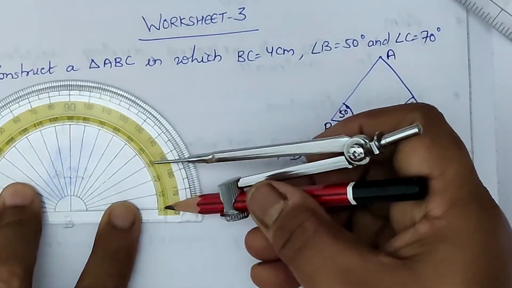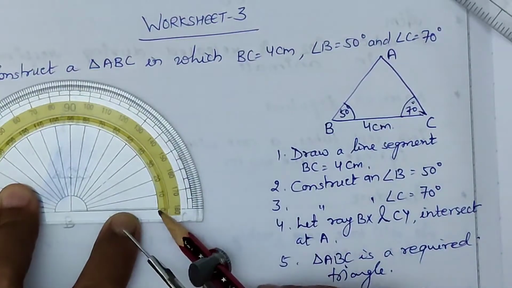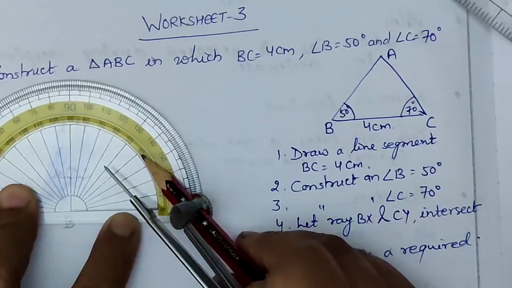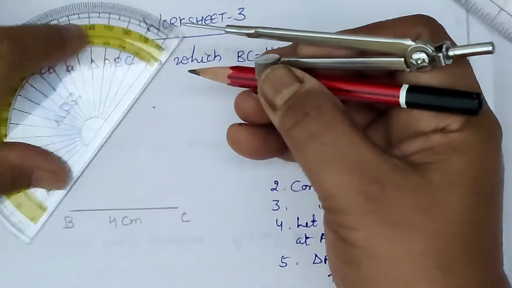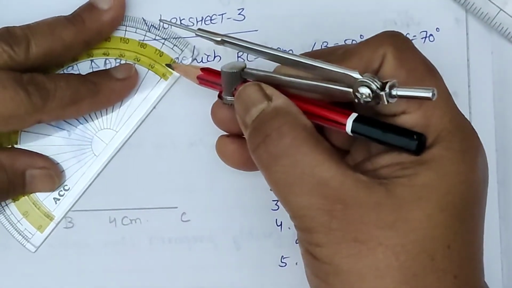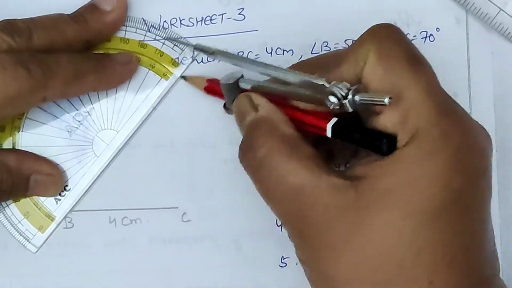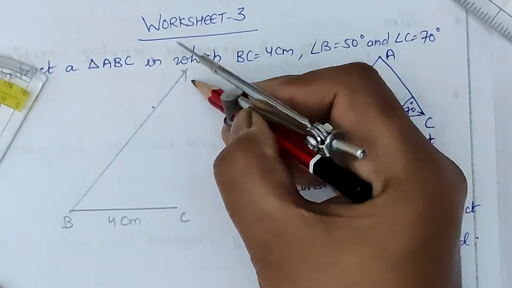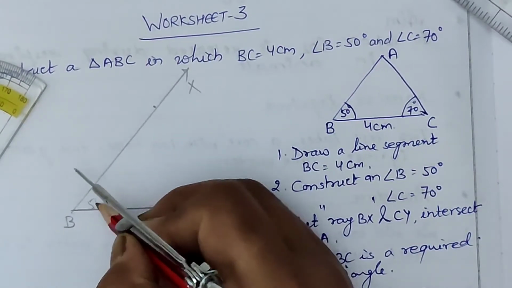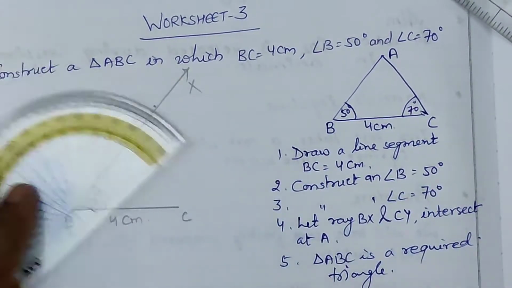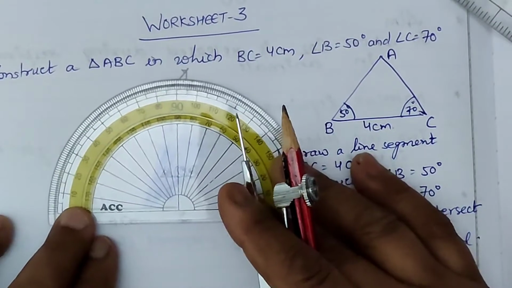The ray starts from 0. The angle starts with 0, 10, 20, 30, 40 and 50. Here is the 50. Make an angle 50 degree. This is the ray BX. Angle is 50 degree. At C, make an angle 70 degree.